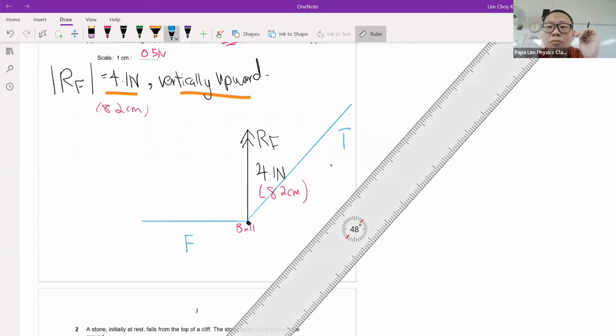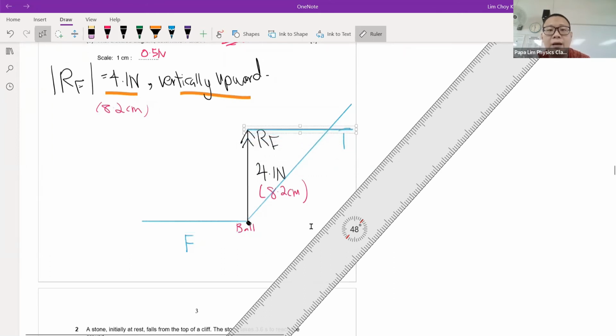Although I do not know the magnitude of T and F, I do know that the resultant force of T and F would be equivalent to your resultant force. So if I use the parallelogram method, whatever magnitude I have for this horizontal distance, I take the resultant force, copy it, and drag the parallel line to where T is.